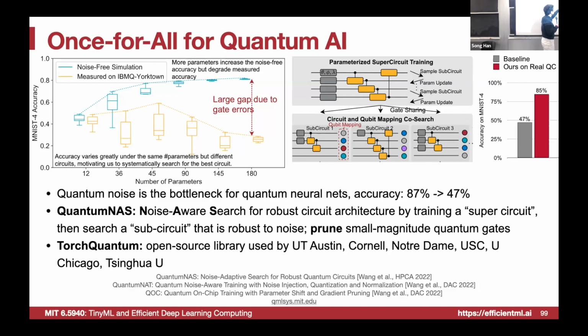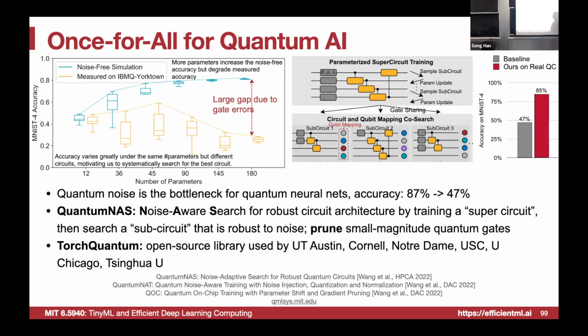So here we can train a parameterized super circuit. We can have different choices, but we put everything in our design space and train the super circuit. Each time we sample a sub-circuit, where each rectangle here is a gate. It can be either there or not there.